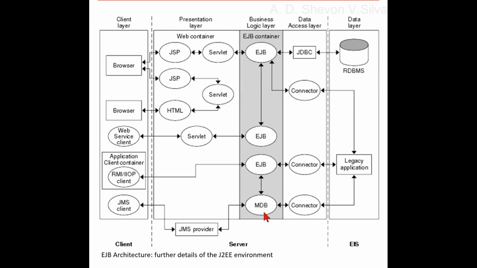EJBs and MDB are in the EJB container. The EJB container is in the business logic layer. JDBC connectors are in the data access layer, and RDBMSs and legacy applications are in the data layer here.